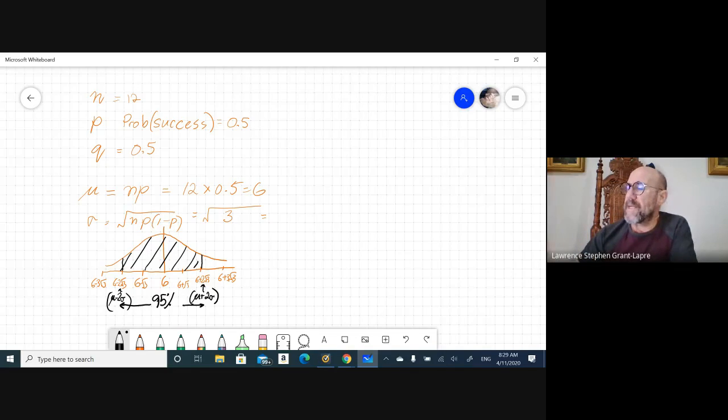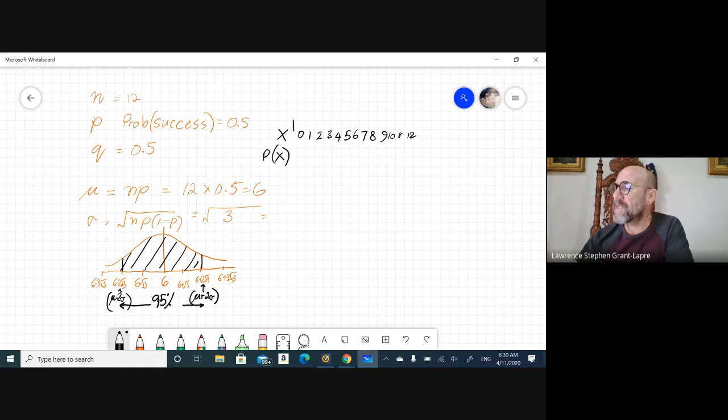What I want to talk about today is how many successes we will expect to get in 12 games. Now, the probability of each one of these depends on what's called the Bernoulli sequence.